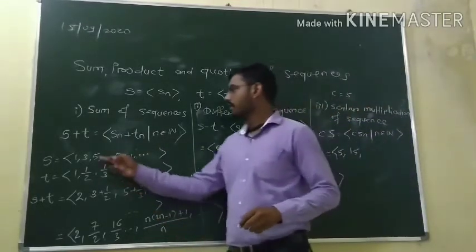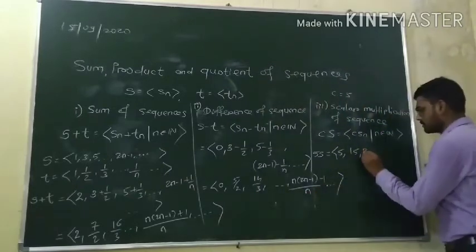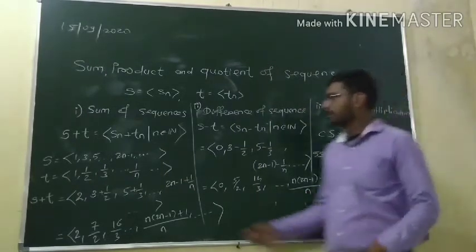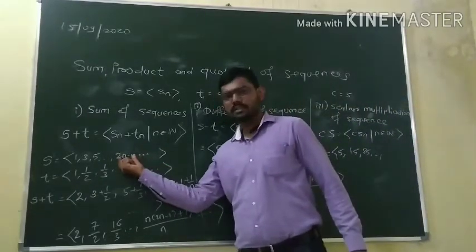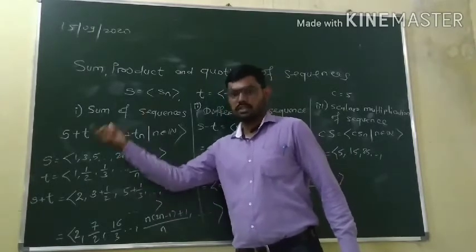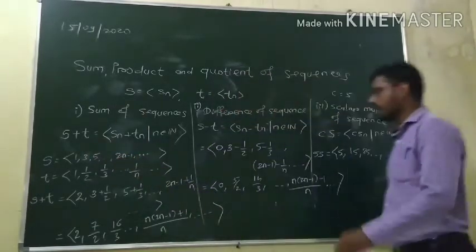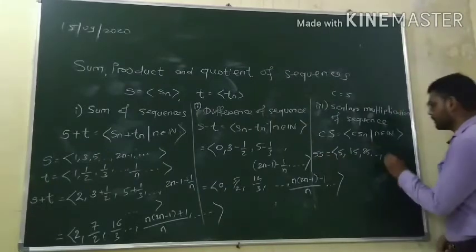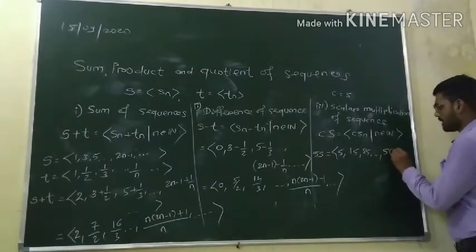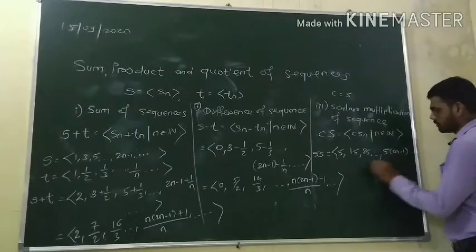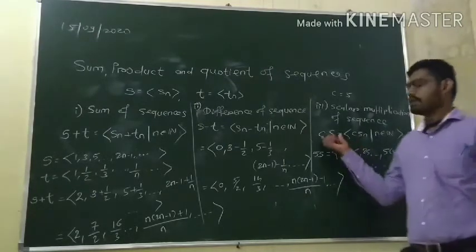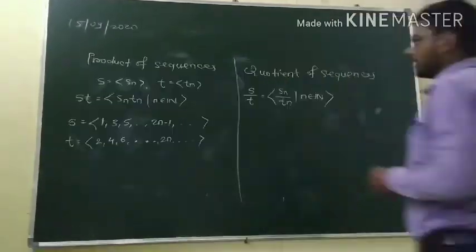Then 5 times 5 is 25. The n-th term of S is 2n minus 1, but we have to find 5S, so we multiply the n-th term by 5. The n-th term of the sequence 5S becomes 5 times 2n minus 1, and so on. So this is the scalar multiplication of a sequence.